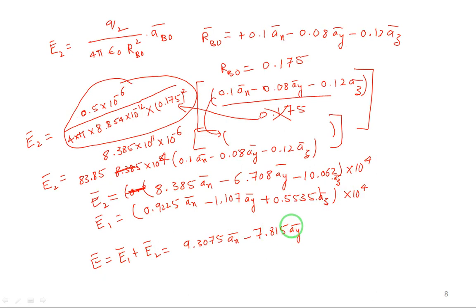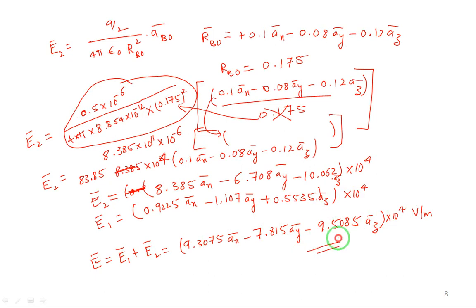Then third Z component we will add, minus 10.062 plus 0.5535. So Z component we are adding, so minus 9.5085 AZ into 10 power 4 volt per meter is the practical unit.